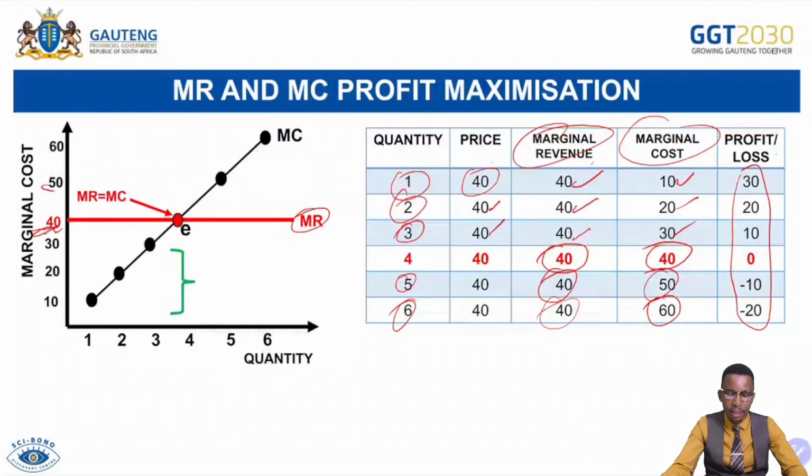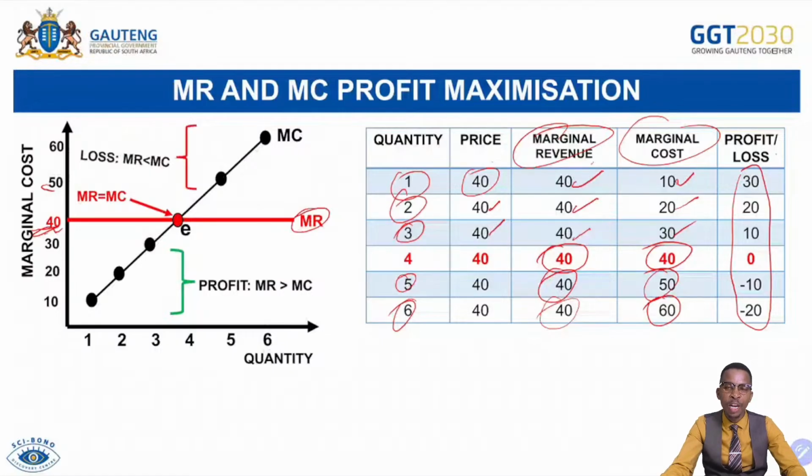Then we indicate that any point below point E indicates economic profit because marginal revenue exceeds marginal cost. Thereafter, any point above point E indicates economic loss because marginal revenue is less than marginal cost, or marginal cost is more than marginal revenue. This is the graph for profit maximization using MR and MC. Remember, profit is maximized at point E where MR equals MC.